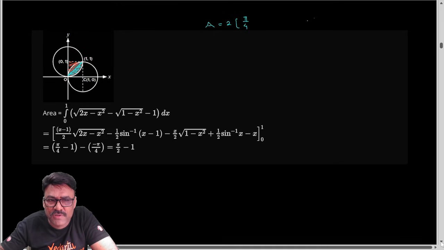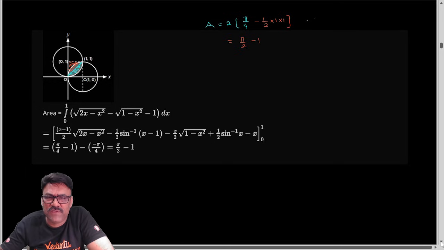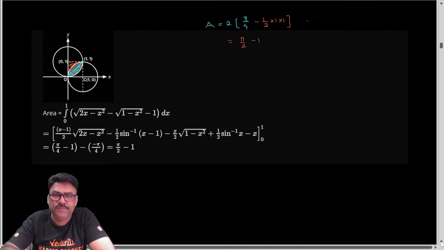And this area is simply a triangle of base length 1 and altitude length 1, so this area will be half into 1 into 1. So this is the area of this half leaf, multiplied by 2. That means this will be your total area. The total area is basically pi by 2 minus 1. So no need to do the integration, just ignore this integration part. You can calculate the area just geometrically, right?